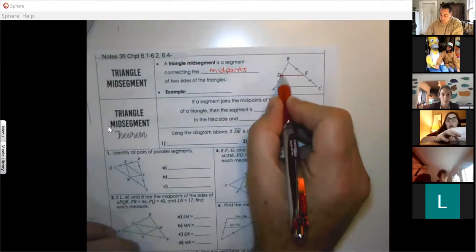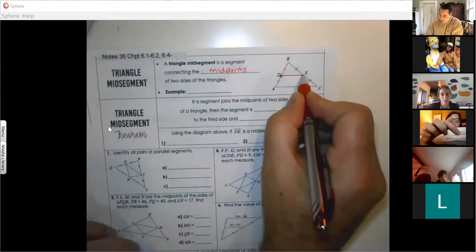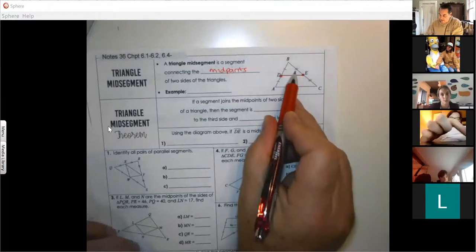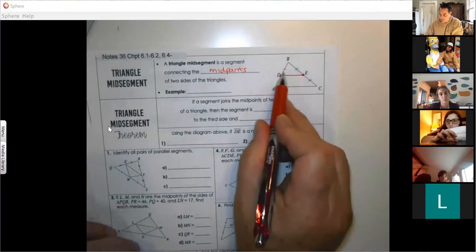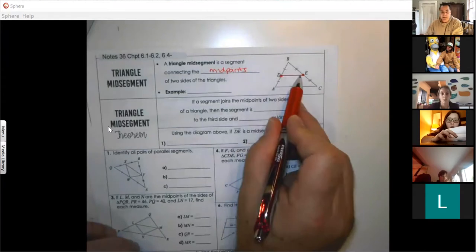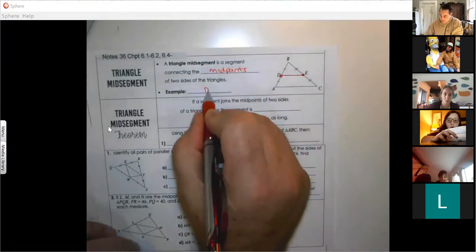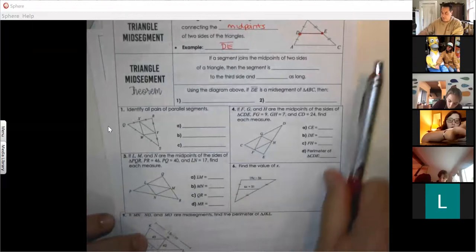So you can see that D here is a midpoint of this side because these segments are congruent. And E is a midpoint of this side because these segments are congruent. These two are not the same, right? This has 2 marks and this has 1 mark. But I know these are midpoints and they're connected to form a segment. Therefore, it's called a mid-segment. In this example, that mid-segment is the segment DE. And you remember we put the notation over the top to say it's a segment.